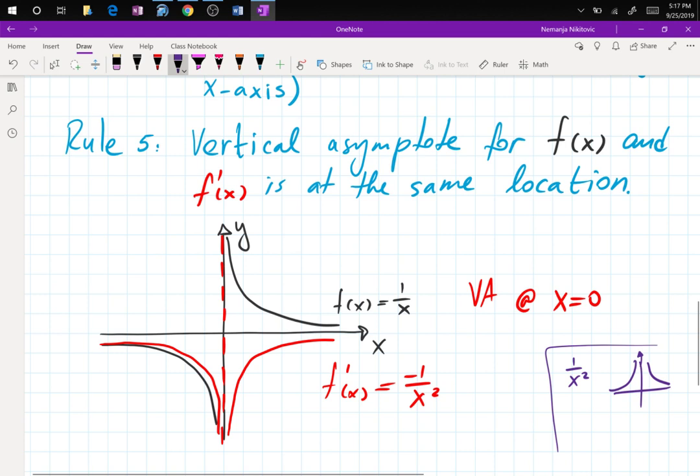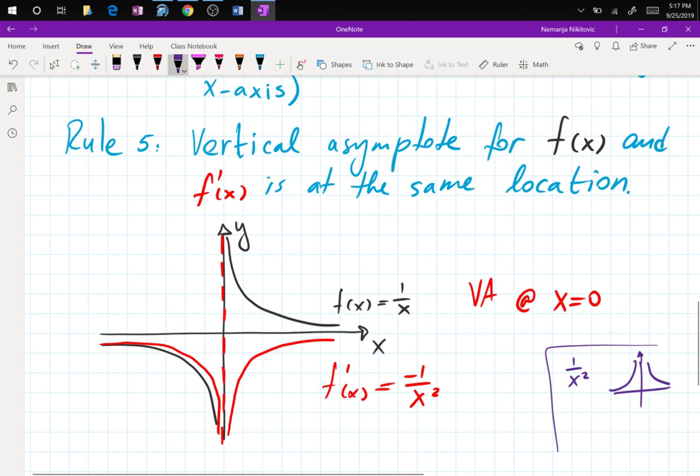So 1 over x squared graphs this above, and then the negative in front of the 1 is the one that flips it over the x-axis. That's what you learned in your pre-calculus course when you learned to reflect and shift functions around. So you see that the difference between the two is just to shift it downwards. In mathematics, everything has to click, right, from all angles. No exceptions. So we see that the vertical asymptote is on the same spot.